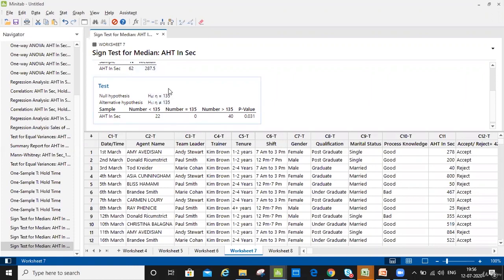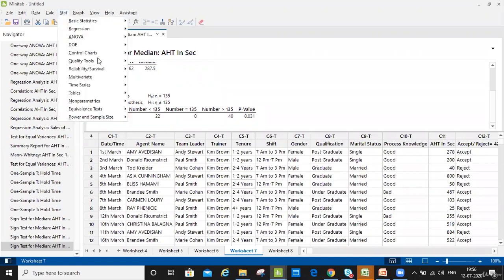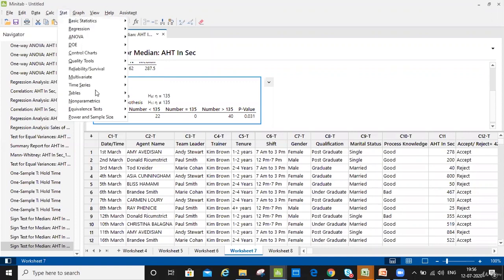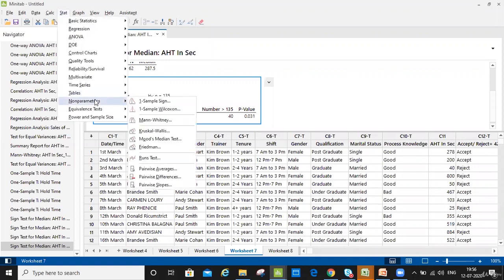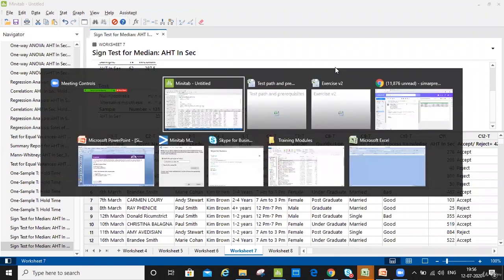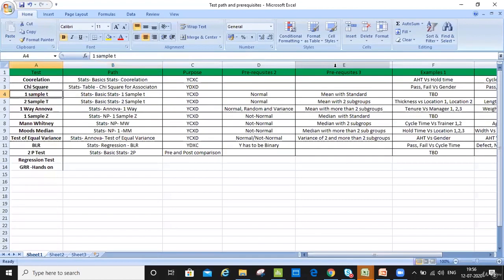It's just that in case of normal, I take one sample T. In case of not normal, I take one sample sign. There's no major difference here. They are comparing the medians. In one sample T, it was comparing the mean.